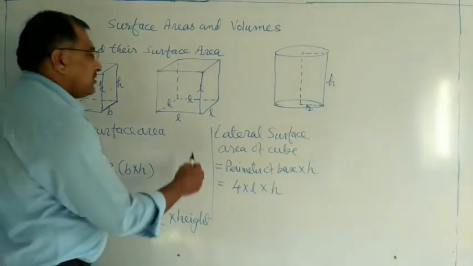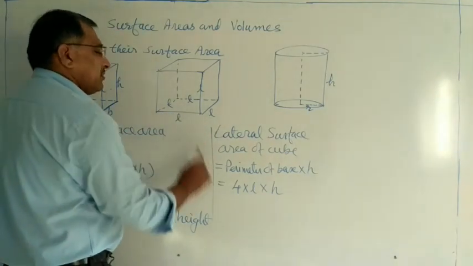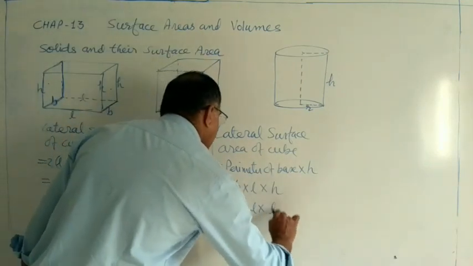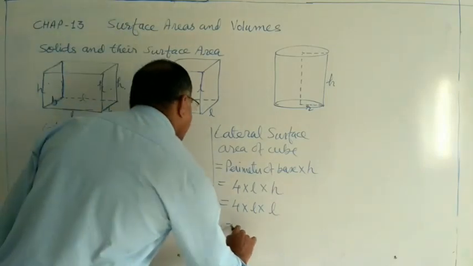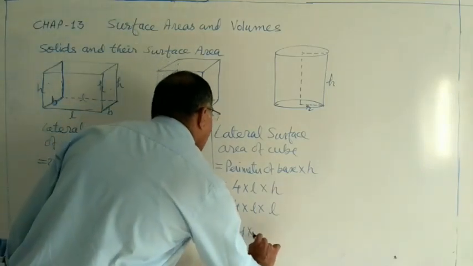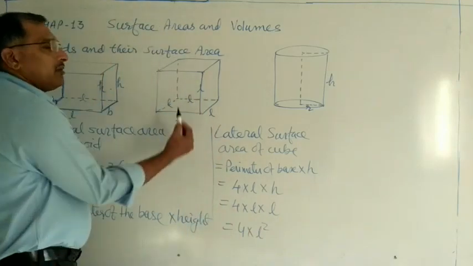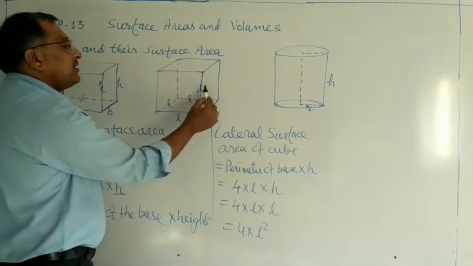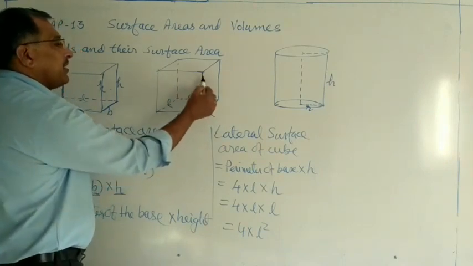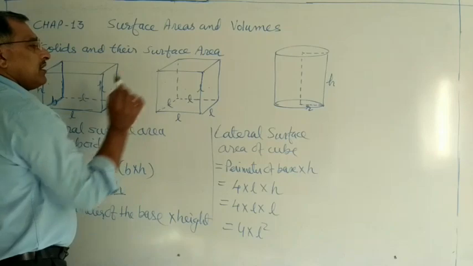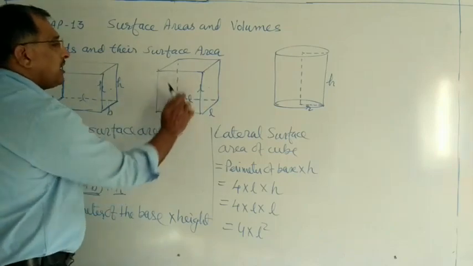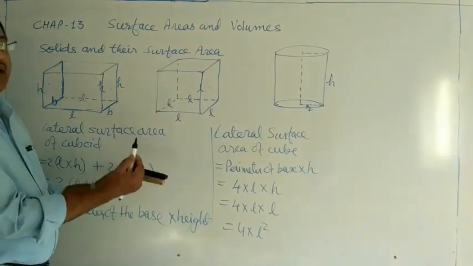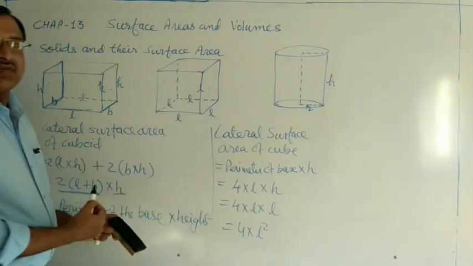Here this is length, and height is equal to what? That is equal to length, and so we get 4 times L square. You can see now that this is the lateral surface area, meaning the area of all the 4 faces: the front side, back side, right side and left side. So what is the area of this face? L into L. There are 4 faces and each one has the area L into L, that is 4 times L square.